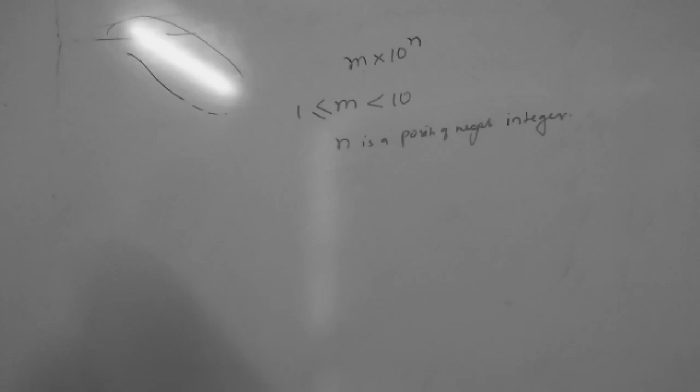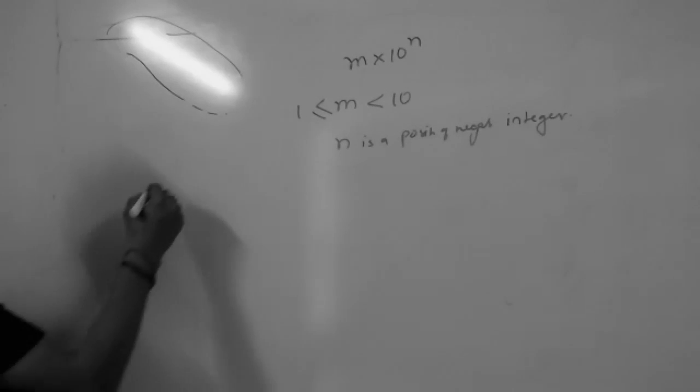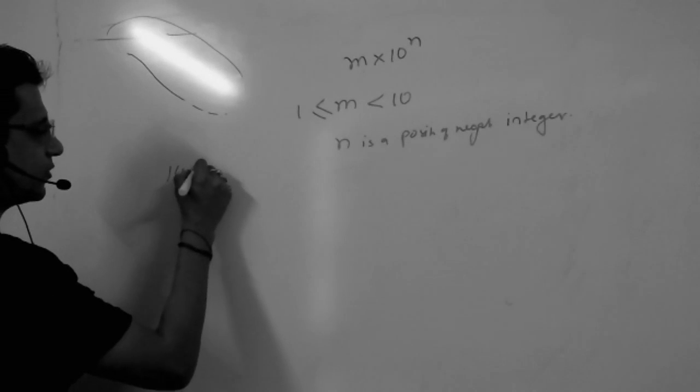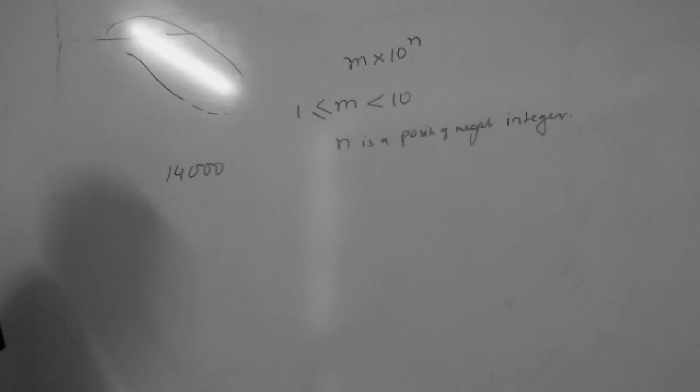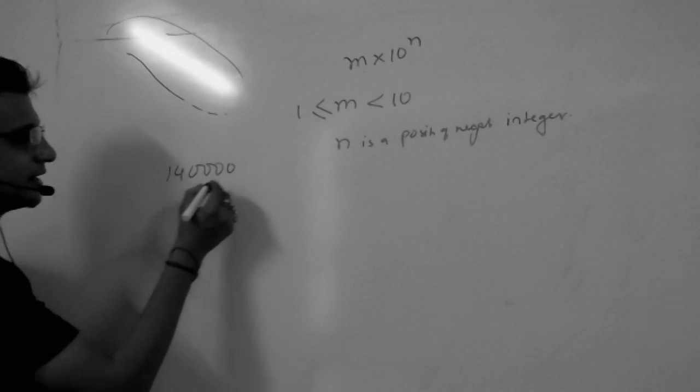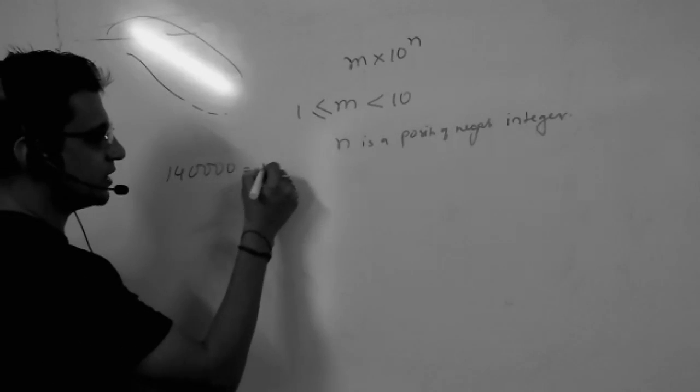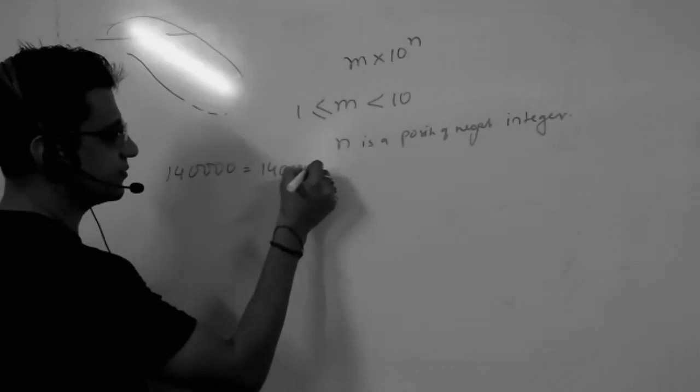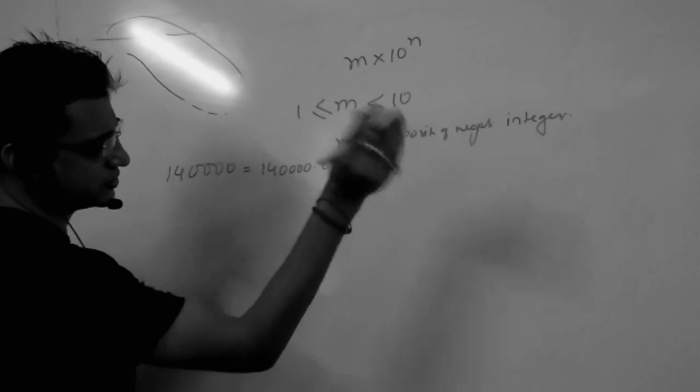Now I'll tell you 1, 4, 1, 2, 3. This is the usual way of writing a number, and the question is, put it in the standard form. So how can you write it? This means 1, 4, 1, 2, 3, 4, then a decimal and 0, 0, 0, 0.